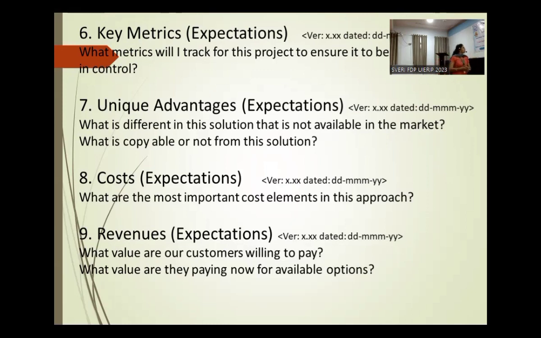Then revenue. What value are our customers willing to pay? What value are they paying now for available options? So these are revenue generation things that we have to consider before investing our money. Even in the project, suppose students have invested 6,000 rupees in their UG project.